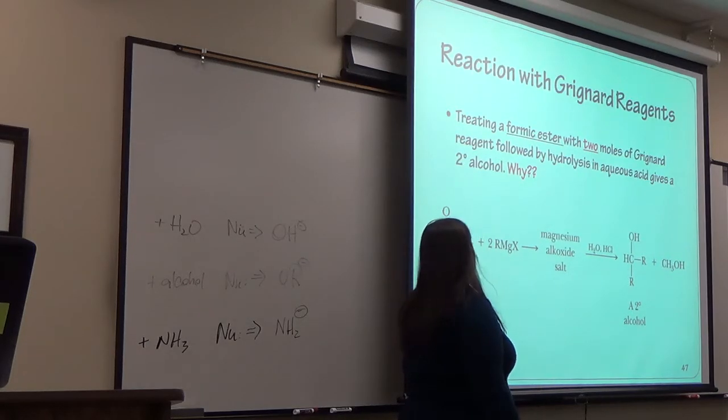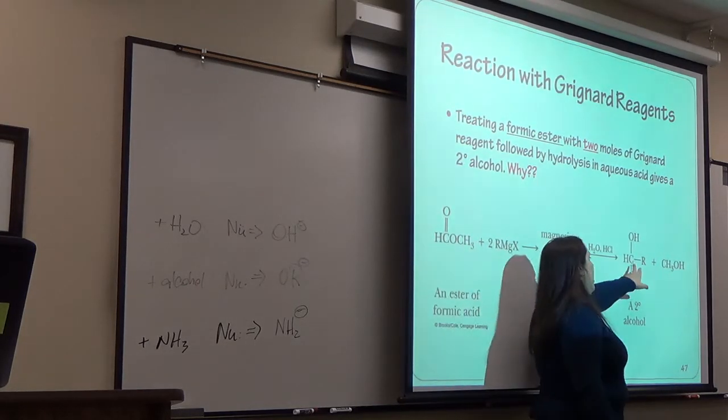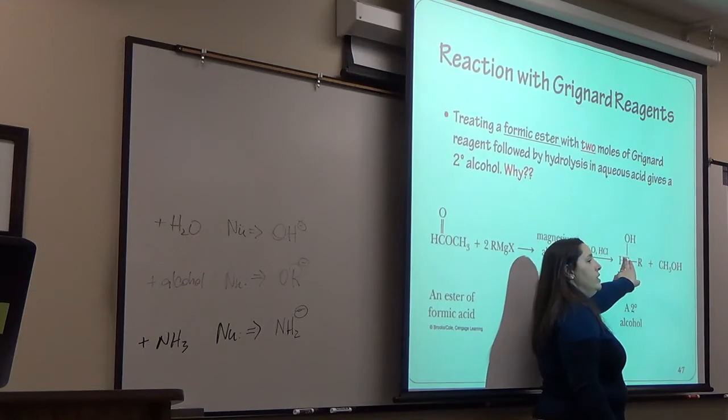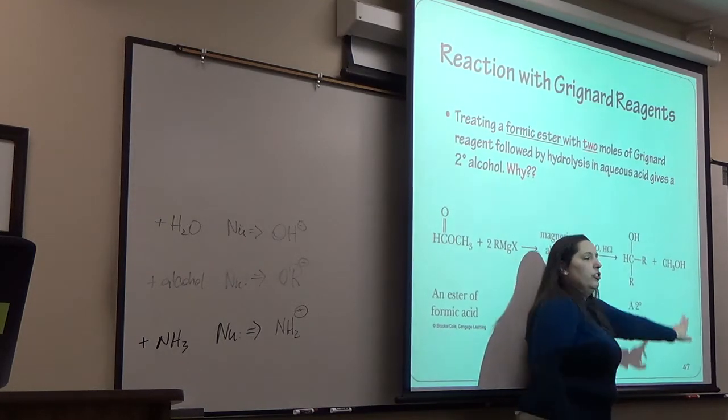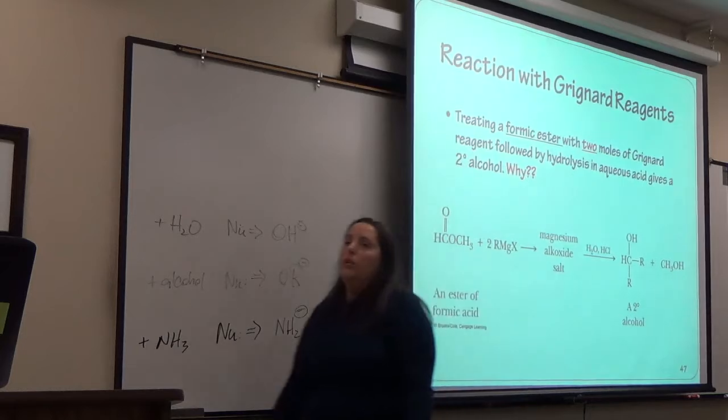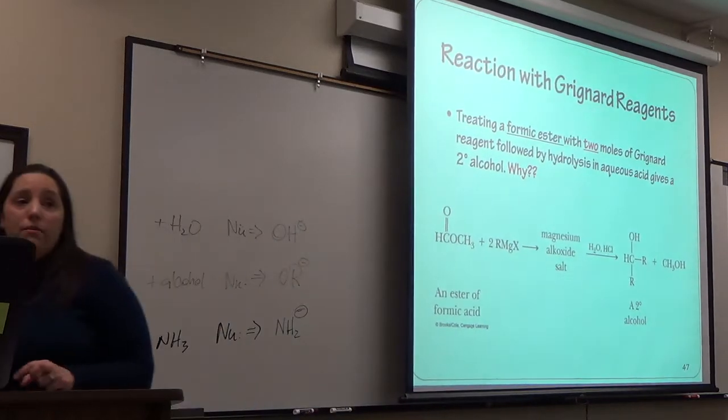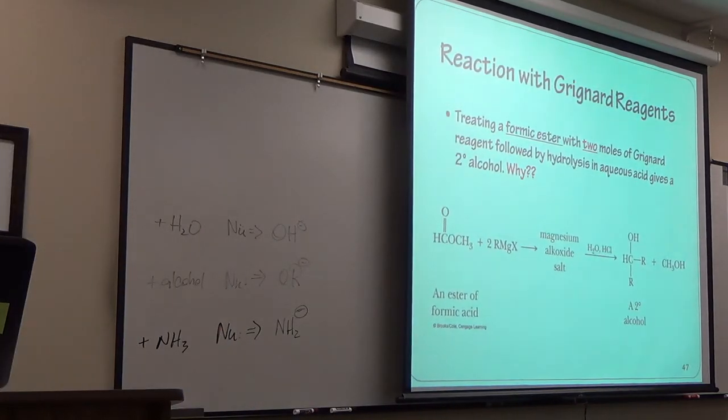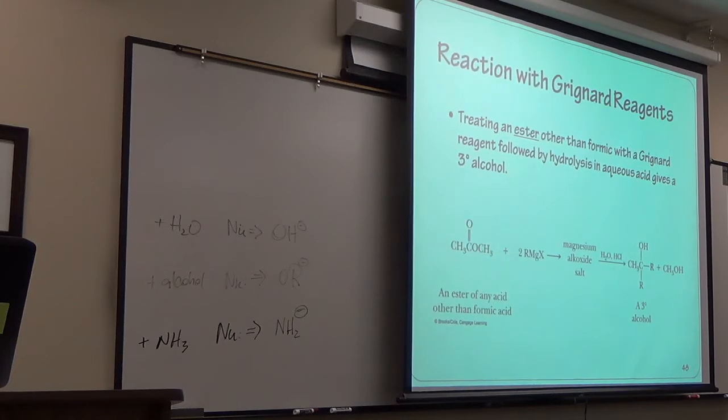So I wouldn't actually get a double bond, I would get an alcohol, because would you agree the ketone that's formed does not have a leaving group, right? So I would not be able to reform my carbonyl. Does that make sense? So you do want to pay attention to how many moles you're given, okay?